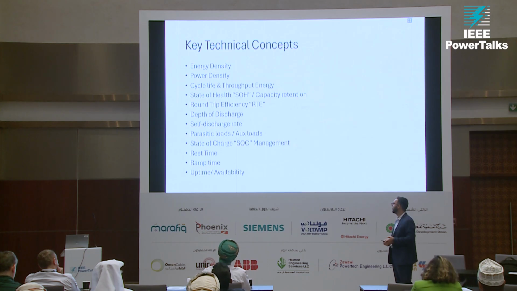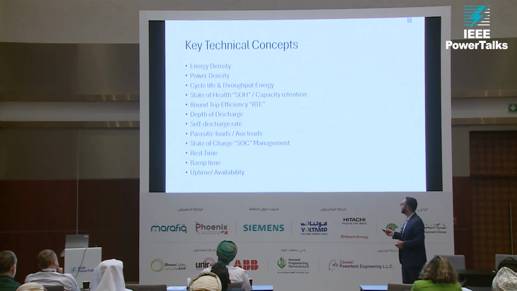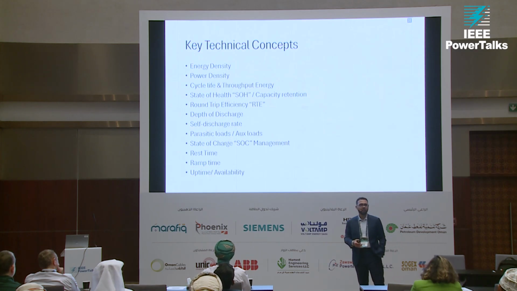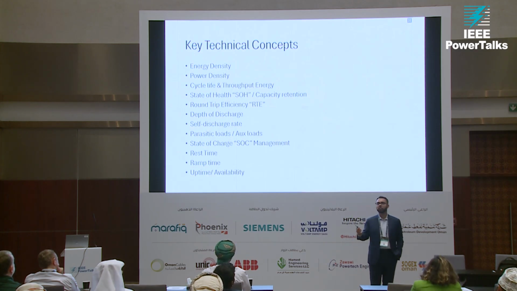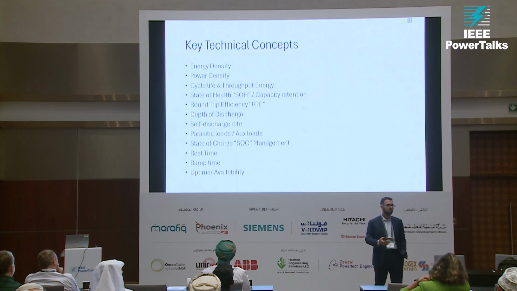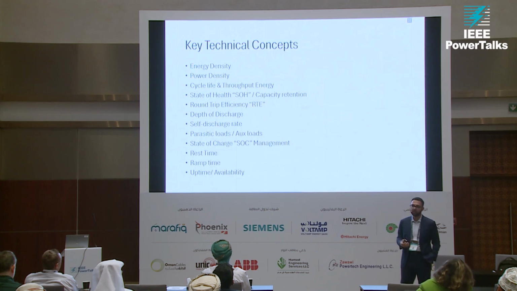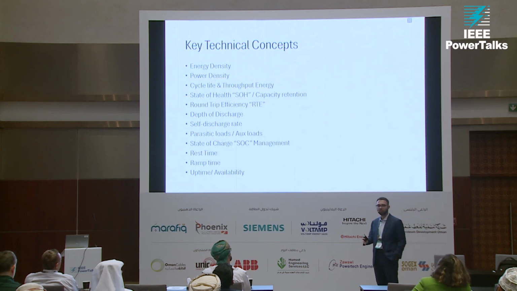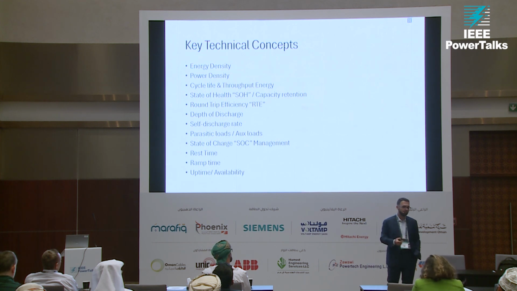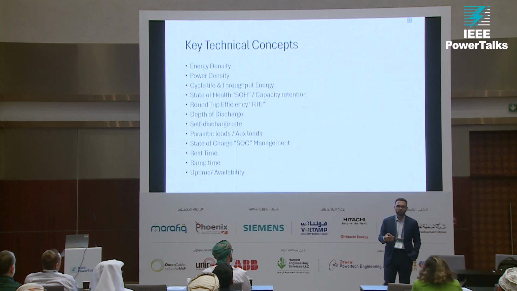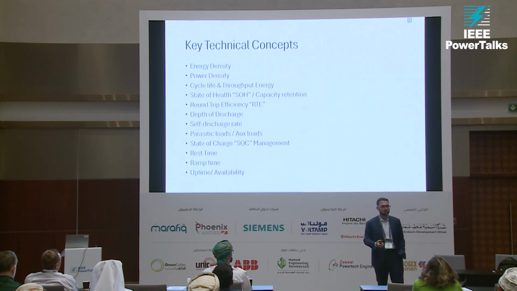That's called self-discharge. Now, parasitic loads and aux loads. Many of you know that batteries heat up when they operate. When they charge and discharge, they produce a lot of heat. So most utility-scale systems have cooling systems involved. Air-cooled, liquid-cooled, whatever that is, there are cooling systems involved. But there are also control systems, right? A lot of measuring, metering devices, control devices.